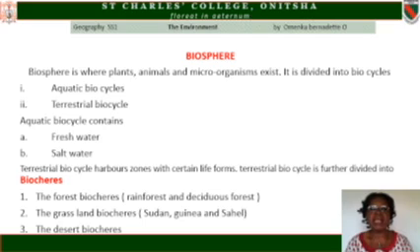These are the forests we will have immediately after the swampy area or mangrove forest. Then the second one is the grassland biocores, which will include Sudan, Guinea and Sahel savanna. This one will follow the rainforest. After that level, we have the third one, which is the desert biocores, in a dry area.